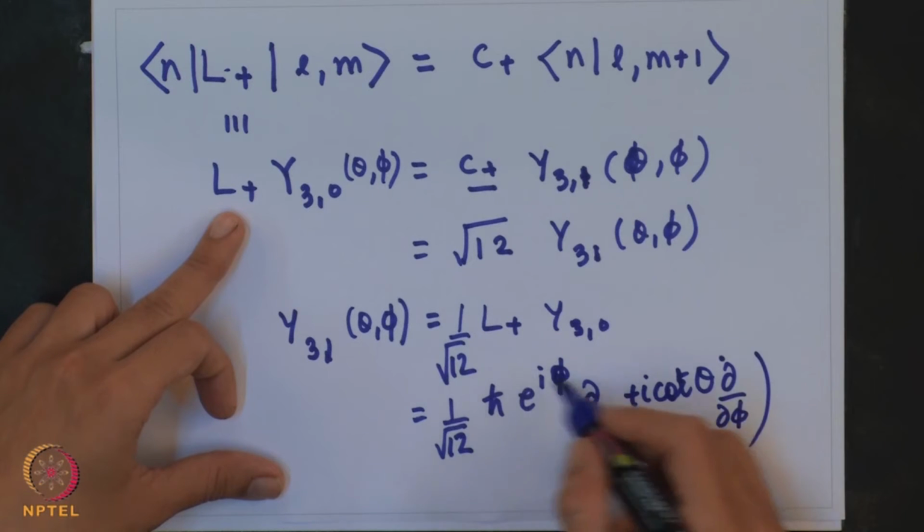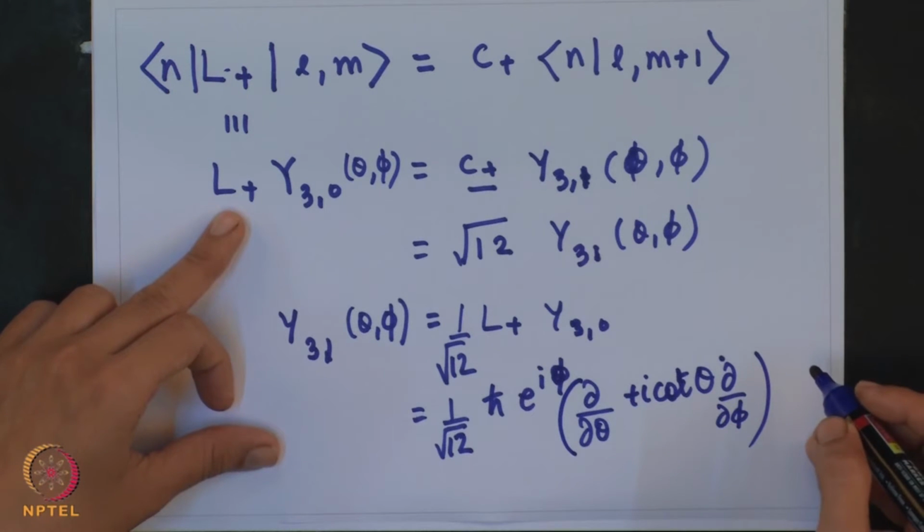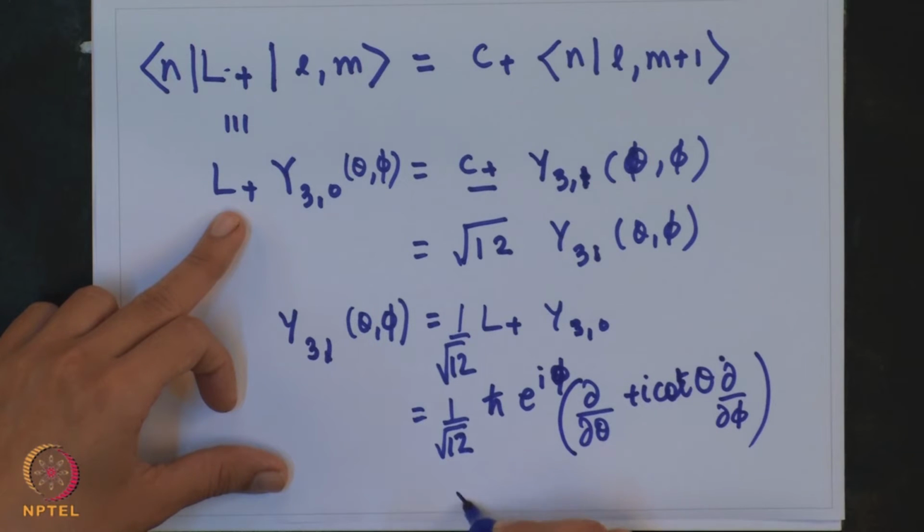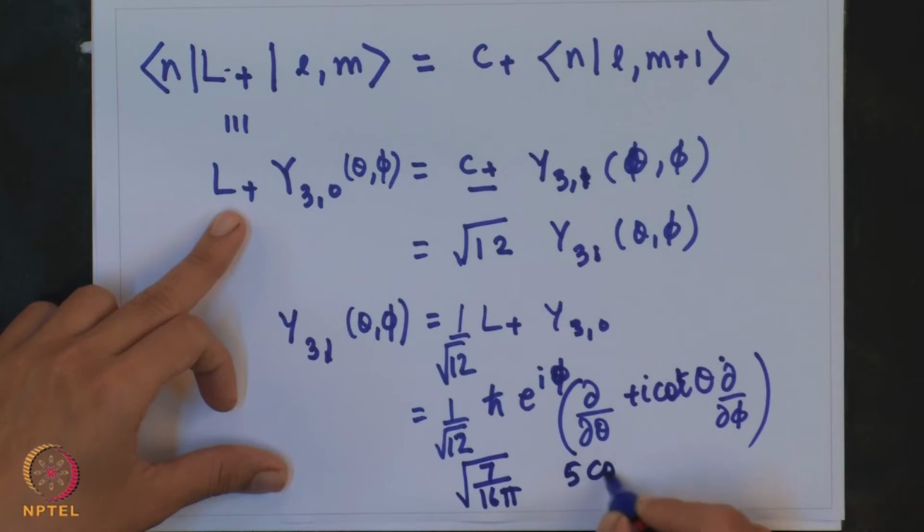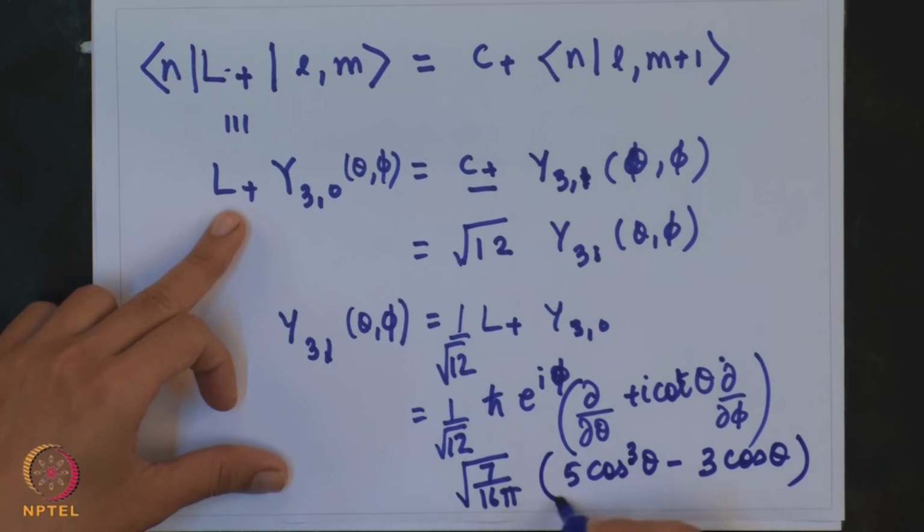And I operate this on y30, which is square root of 7 upon 16 pi times 5 cos cube theta minus 3 cos theta. When I operate this on this function, the phi term will not contribute because the phi derivative gives 0. The theta derivative will give me 15 cos square theta sin theta minus 3 sin theta.